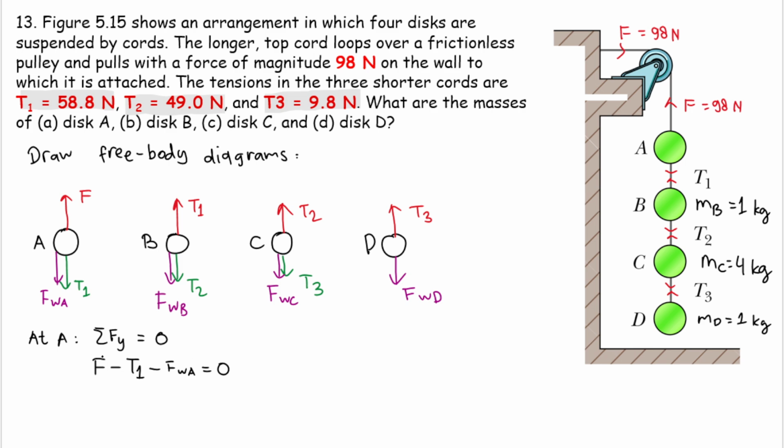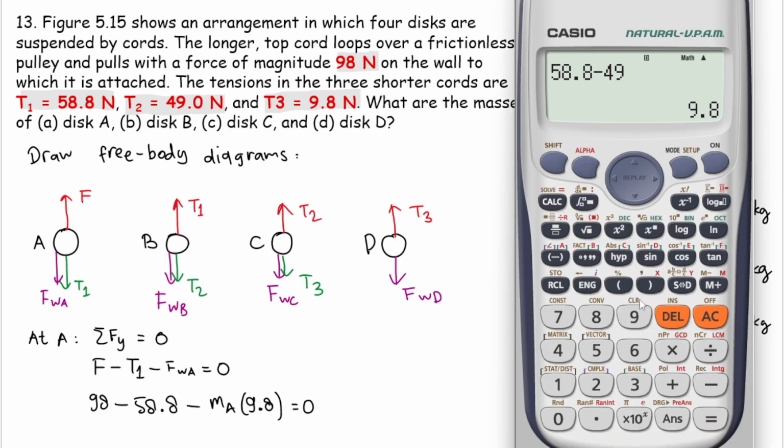Good. So now we have our F here, which is 98 Newton. So I'll have 98, and T1 is 48.8. And then I will have the weight of A, which is the mass of A multiplied by the gravity, and the gravity is 9.8, and this equals 0. I think I will need the help of my calculator once again. 98 minus 48.8 will be 49.2... that is, 39.2 as shown.